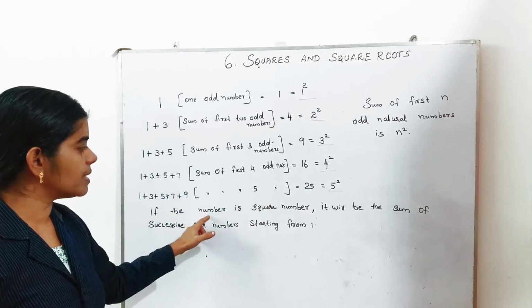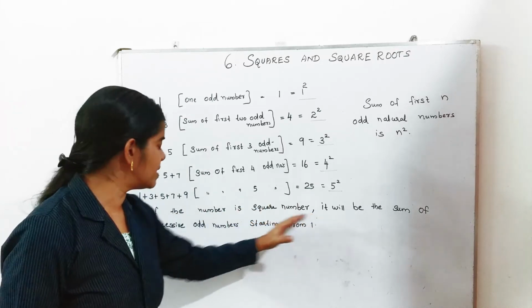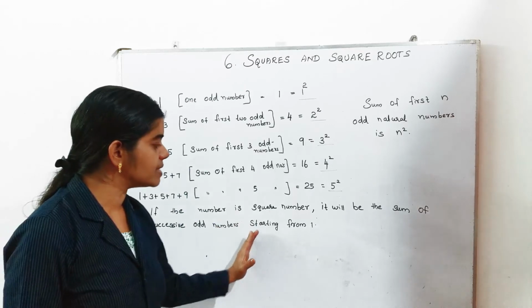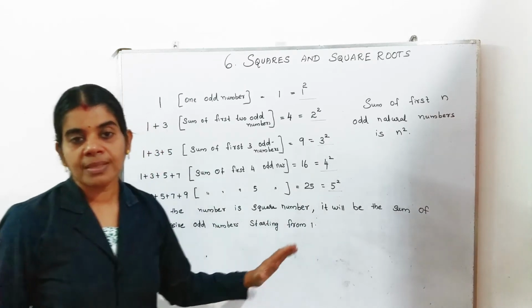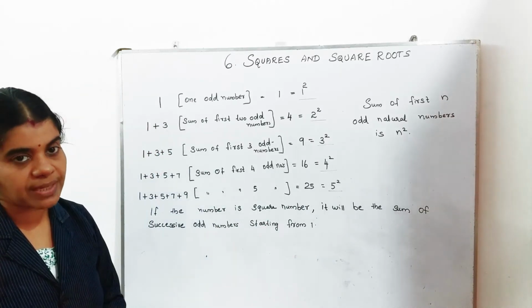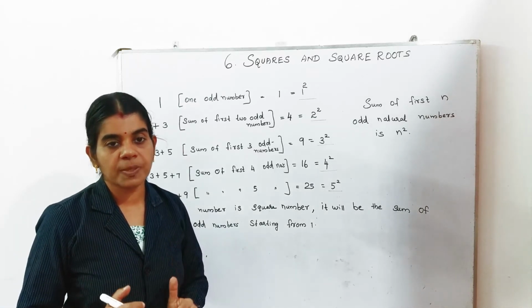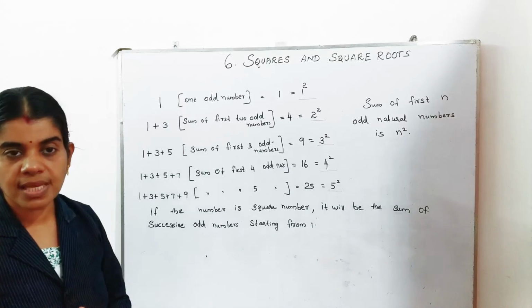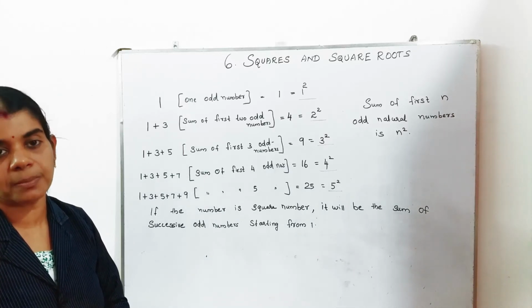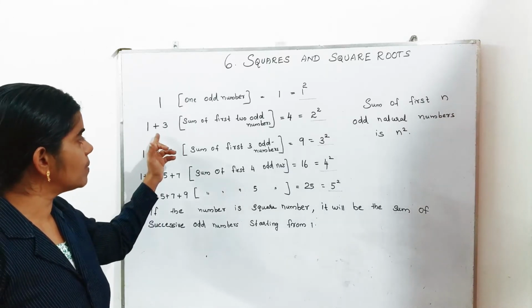If the number is a square number, it will be the sum of the successive odd numbers starting from 1. Then what is the speciality of the square number? If it is a square number, we can express that as the sum of the successive odd numbers. That means you want to keep the order.